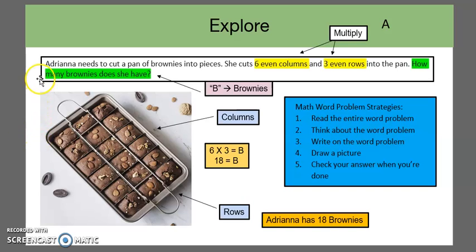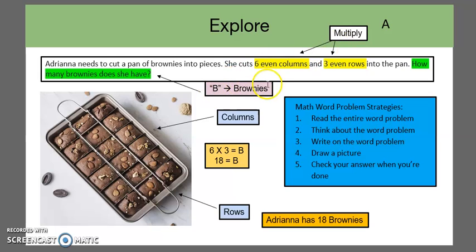Here, I provided a visual just to give you some guidance. You can either find a visual or draw a picture, and see if this can help you out. We notice that there are 6 columns and 3 rows, and we need to find how many brownies she has. Since there are 6 columns and 3 rows, that tells us we need to multiply.